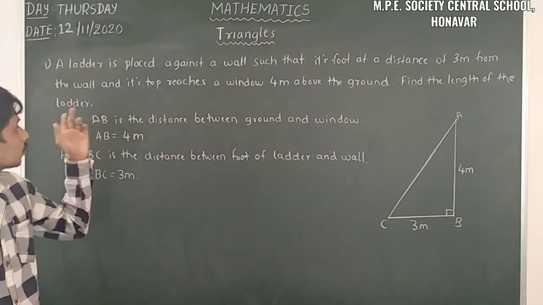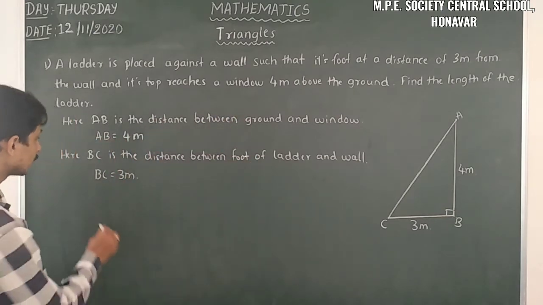So what do we have to find here? The length of the ladder. That is, AC is the length of the ladder.